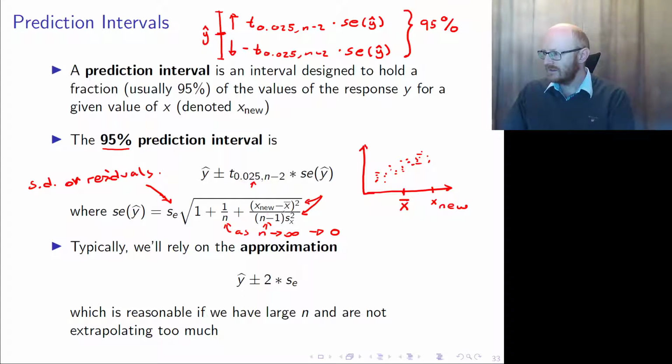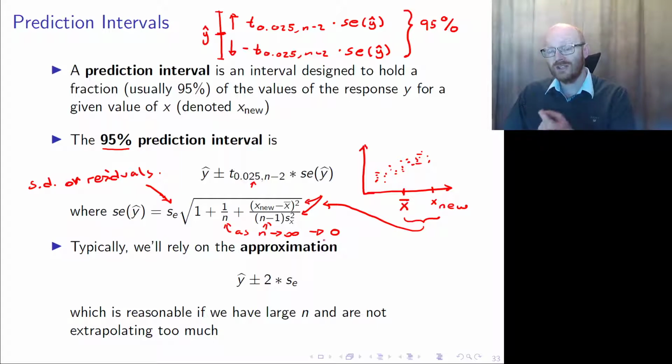So this divided by this gives you the difference here as measured in standard deviation. But as long as you have a large number of observations, this ratio will be going towards 0 anyways.